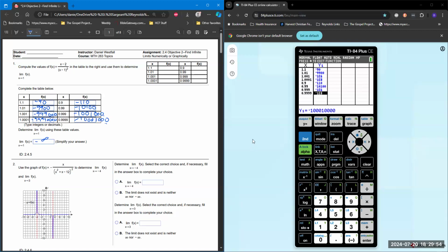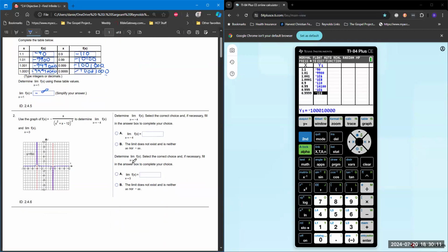That's what I was looking for. So that's what those numbers are there.